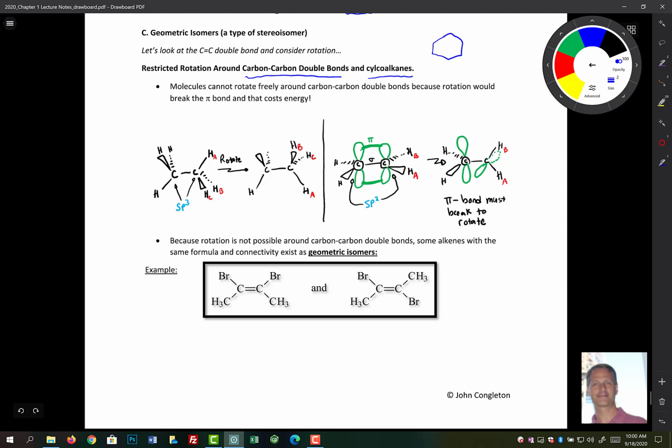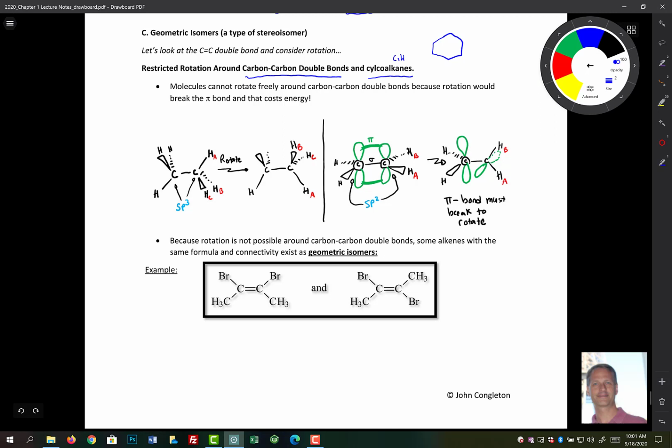Cyclo is a circle, alkane just means you have CH parts essentially. So let's take a look at both of these for a second. In the first case down here, we know that molecules can't rotate freely around carbon-carbon double bonds.